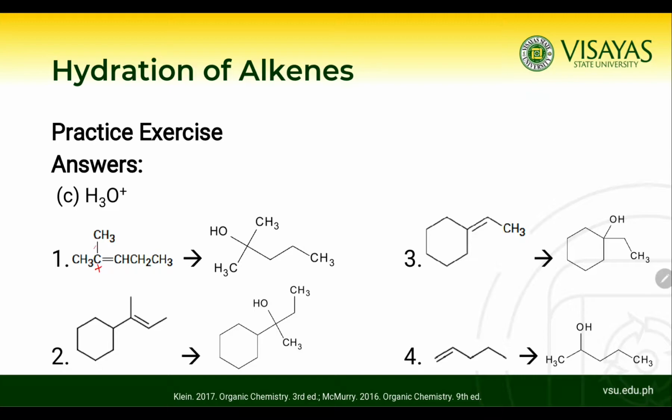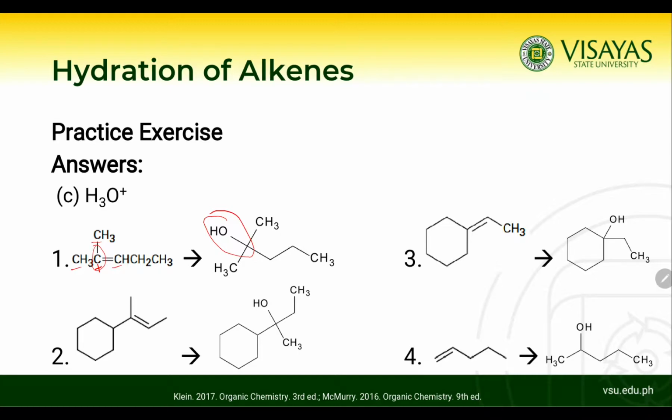Now this carbon here, take note, is already a tertiary carbocation, no? We have 1, 2, 3 carbon atoms bonded. So it's already the most stable carbocation. That is why the OH will just attach there, no? So there is no rearrangement reaction that will occur.